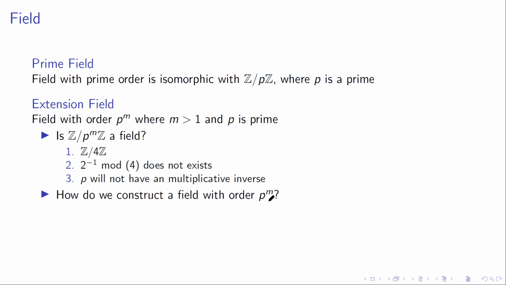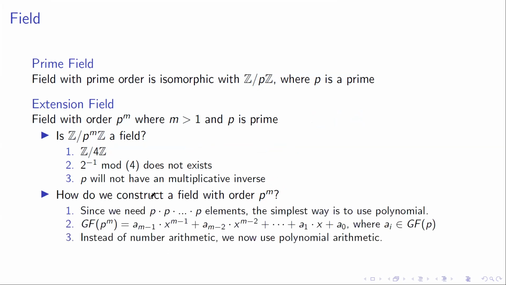But how can we construct a field with order of P to the power of M? The easiest way is to use polynomials. Since we need P times P times P elements, so there's M times right here. The simplest way is to use a polynomial. So if I have a polynomial where the highest degree is M-1, and for every coefficient, the element is an integer modulo P, or you can just write Z/pZ.